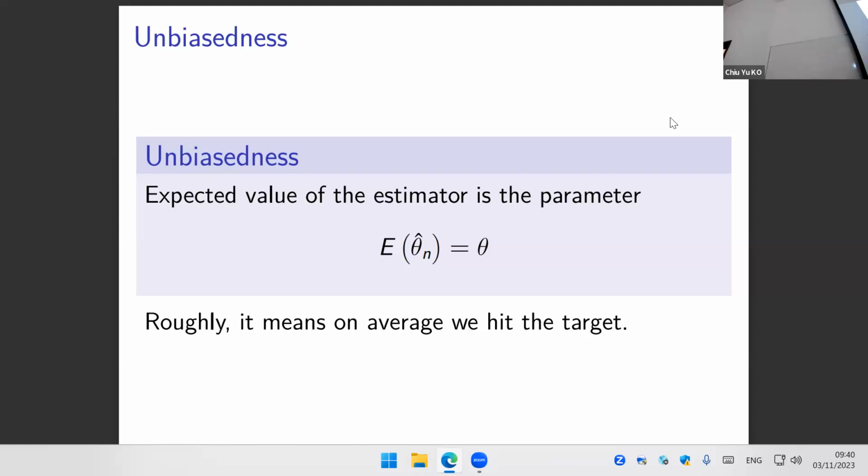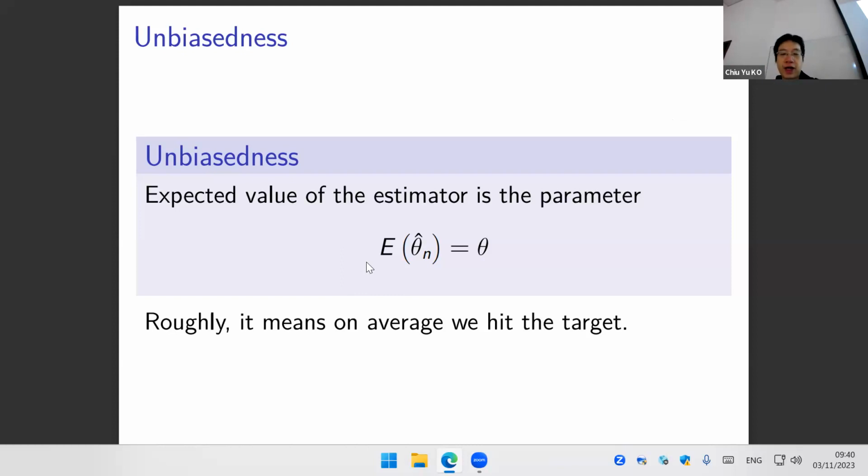We come up with many estimates, and the average of those estimates, that's what expectation means, is actually what we're going to guess. So suppose I have many samples. Each sample I have the sample mean. The average of these sample means will be the population mean. If that's the case, that's called unbiased.